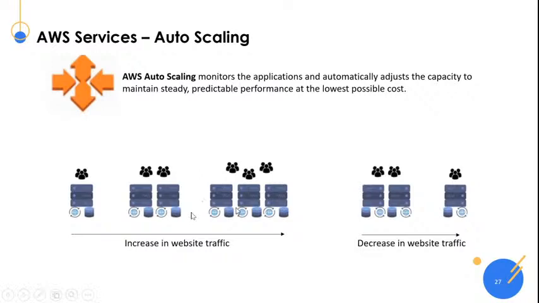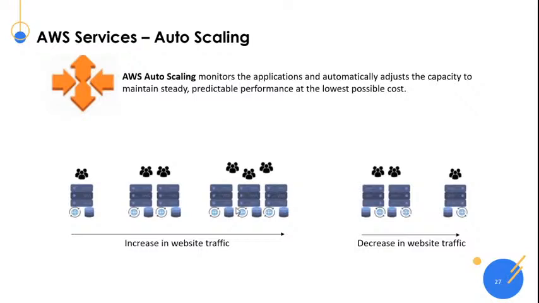It automatically scales up the number of servers based on how much traffic is coming to these servers. Now how it does that is, suppose you can set a threshold, like whenever the collective CPU usage goes beyond 80%, launch one more instance.